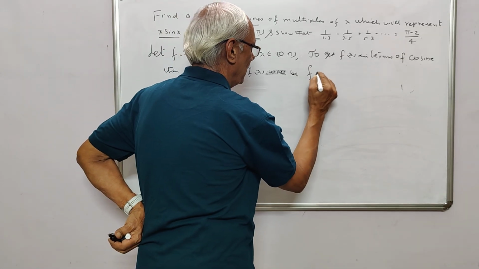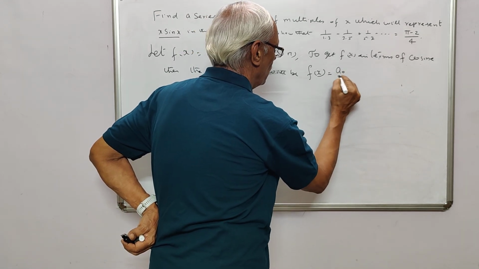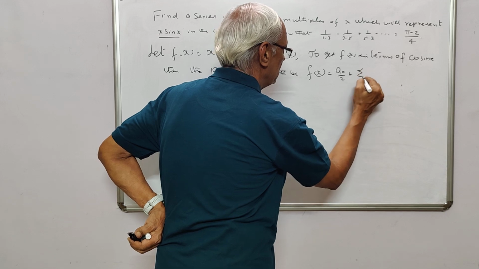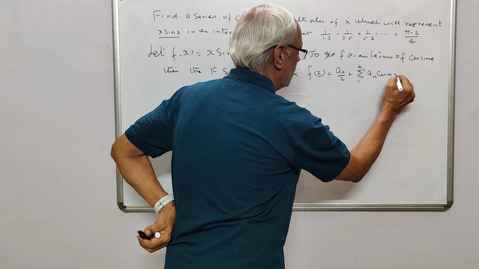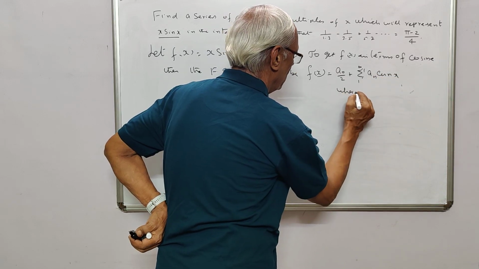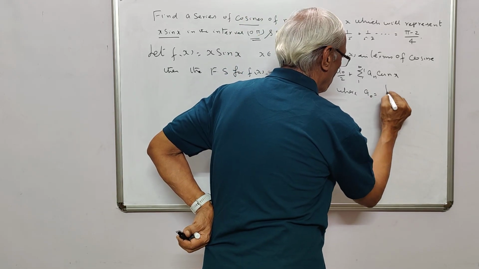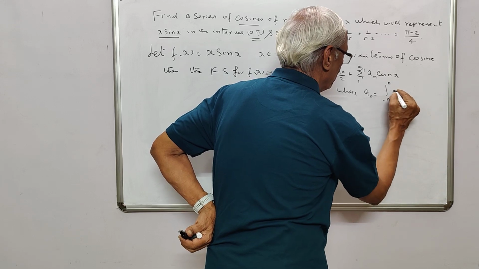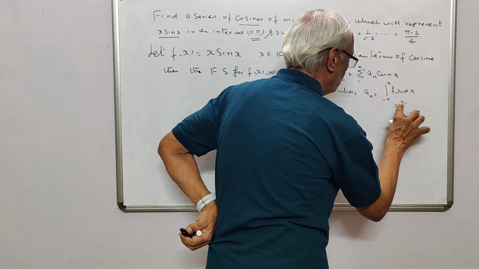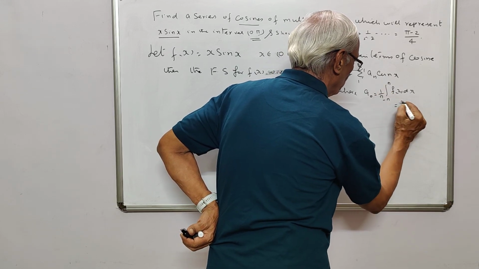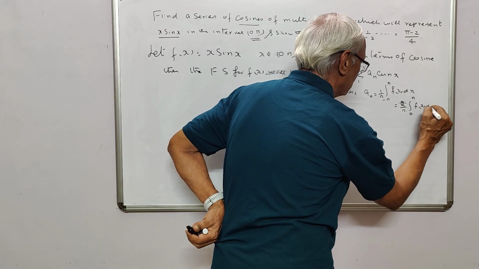f of x is equal to a naught by 2 plus sigma of n equals 1 to infinity of an cos nx, where a naught is equal to 1 by pi, integral from minus pi to plus pi of f of x dx, which will be equal to 2 by pi, integral from 0 to pi of f of x dx.